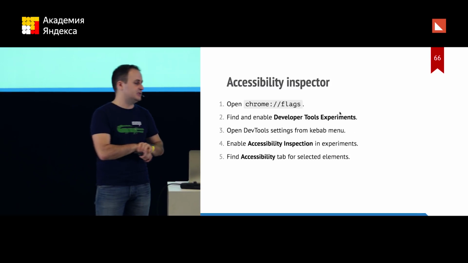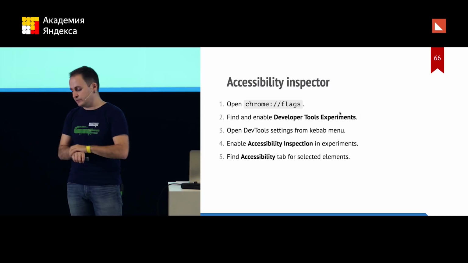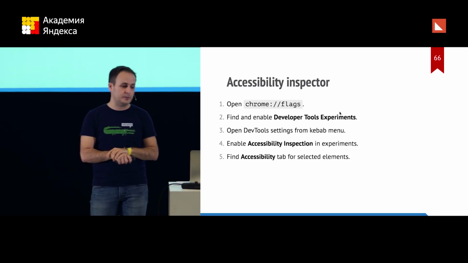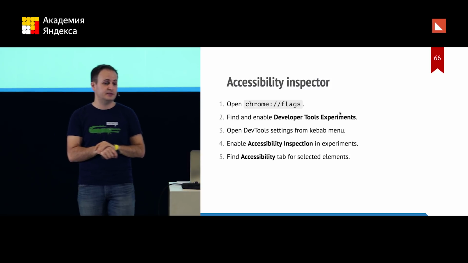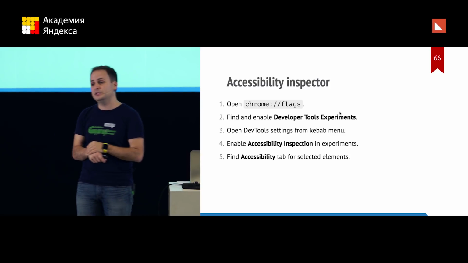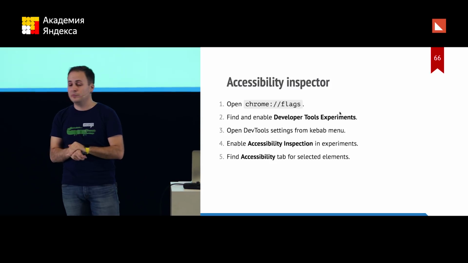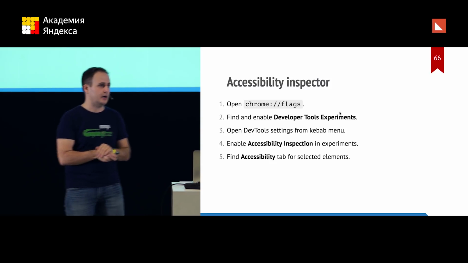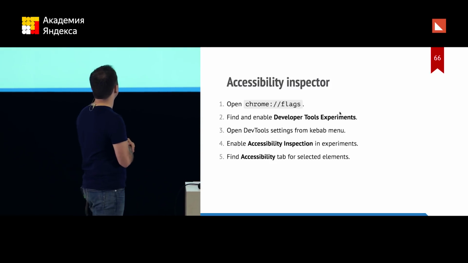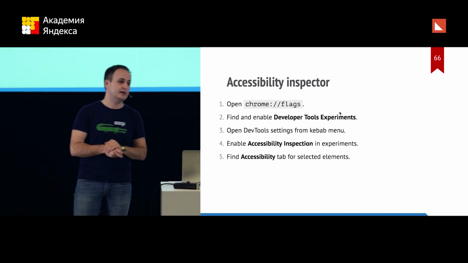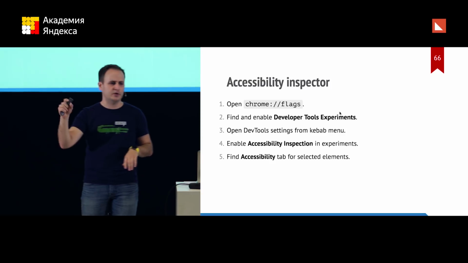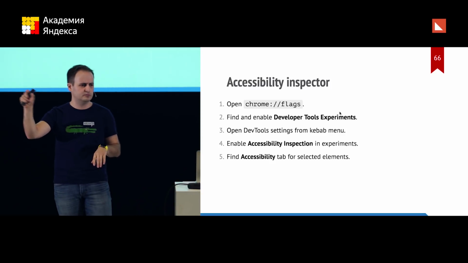But my favorite tool in Chrome DevTools for accessibility testing is Accessibility Inspector. It is currently disabled, but you can enable it. I could say you can easily enable it, but it's not easy. It's 5 steps, but still, please do it. And you will have an additional tab next to where you have all your styles and DOM attributes.